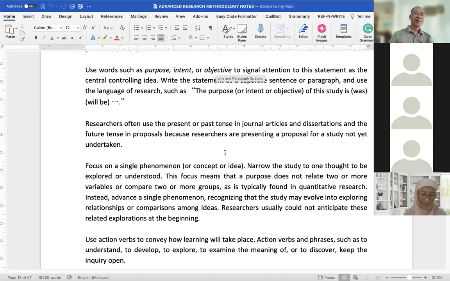Yes, it's possible. For example, contributions to policy. You can divide it into contributions to authority or government or policymakers, and then number two, contributions to practitioners. For example, you're doing a study on Islamic banking.